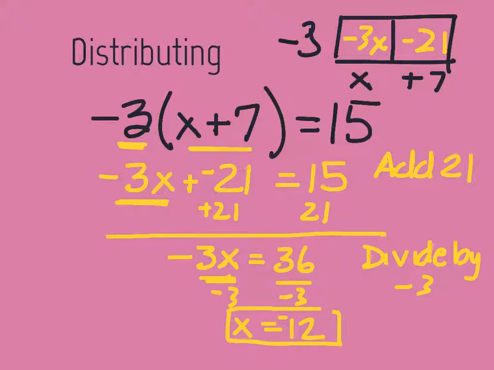Now I can go back and check to make sure that that's right. You should never get an equation wrong, because you can always throw it back in. So here we get negative 12. Negative 12 plus 7 is negative 5, so this is negative 5. Negative 3 times negative 5 is 15. Sure enough, that's true.